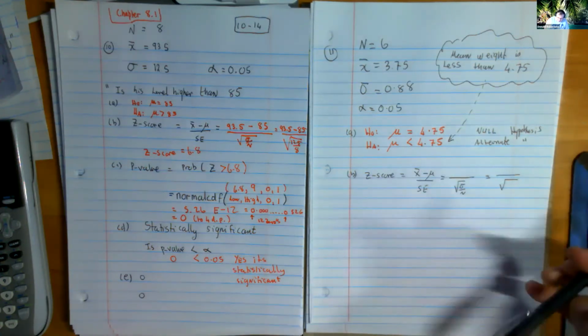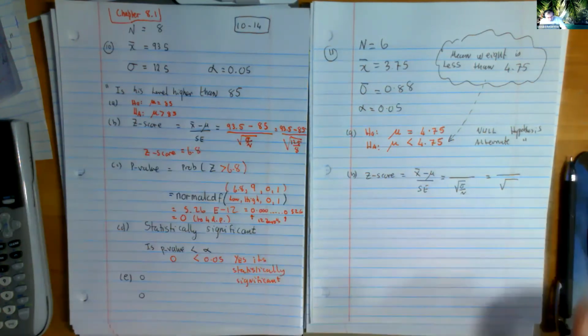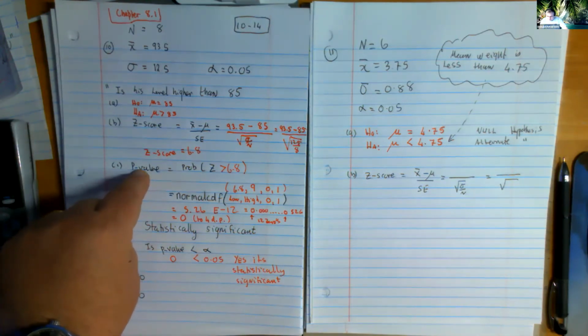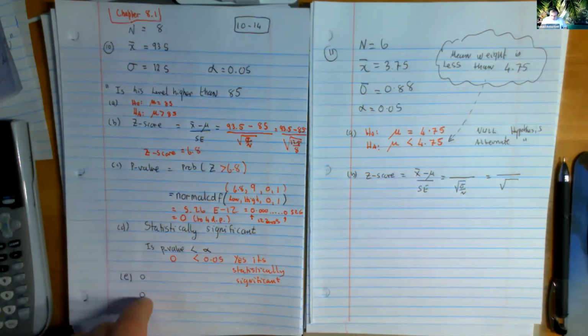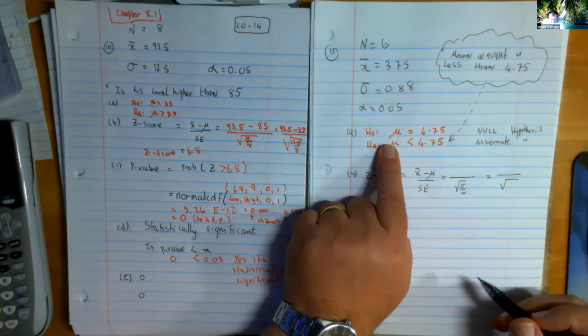Okay, so next stage, we calculate our z-score. So we're going to go z-score, p-value, is it statistically significant, and then a conclusion. So, hypothesis test done.